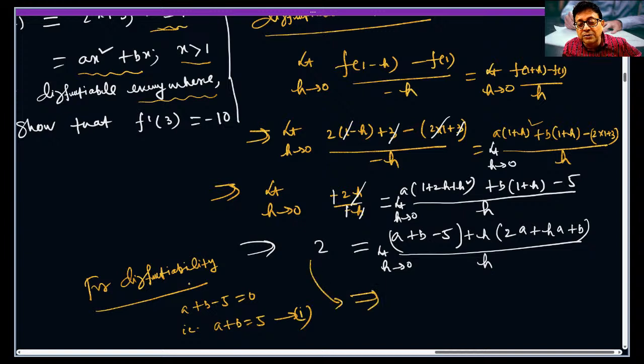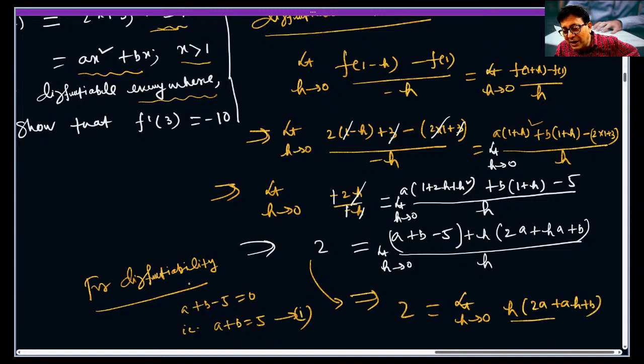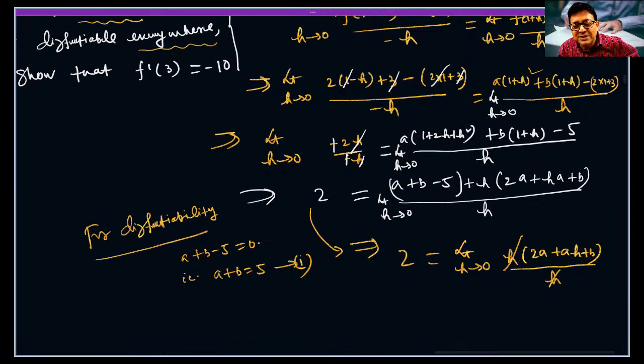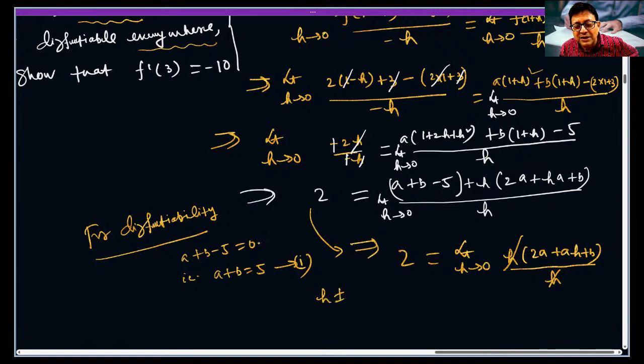This thing now, 2 equal to h 2a plus hb by h. These two get cancelled. Since h not equal to 0, this implies 2 equal to 2a plus 0 plus b.